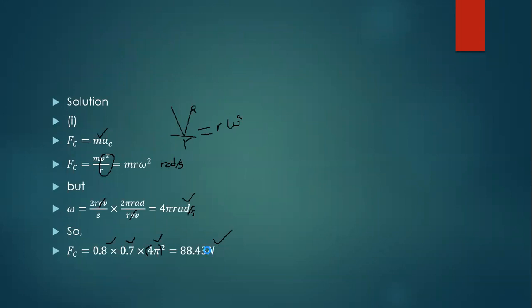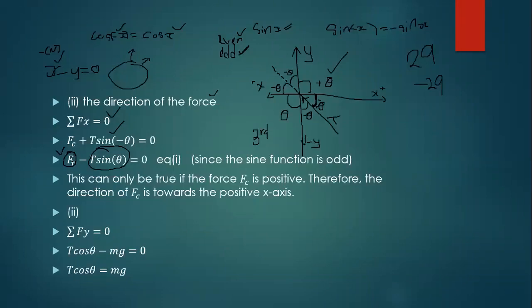All right. So now here, when we have seen that this sine theta expression is a negative expression, meaning our centripetal force has to be a positive number. It has to have a positive sign. So since the sine function is odd, we have come up with this expression. This expression can only be true if the centripetal force is positive.